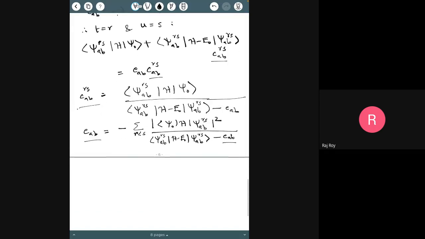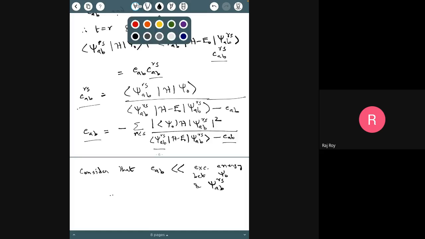So here you make the following consideration. Consider that EAB would be typically much smaller than the excitation energy between psi 0 and psi ABRS. Okay. So there are two terms in the denominator.